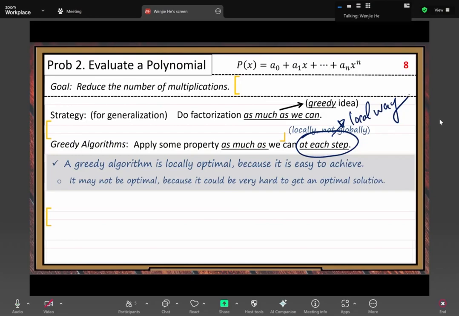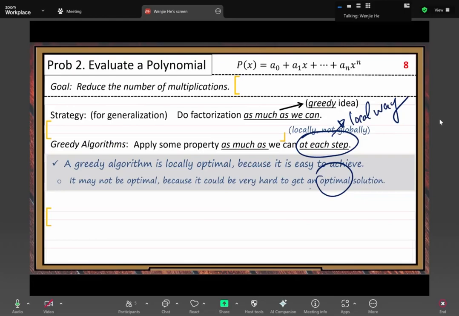For hard problems, most of the time we cannot get a globally optimal solution. That's the reality. We try to get the best we can, but optimal is a big requirement, extremely hard to achieve.